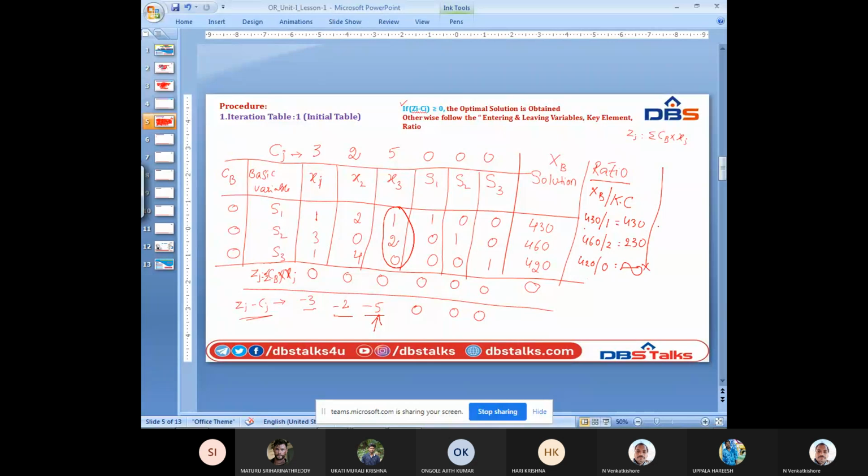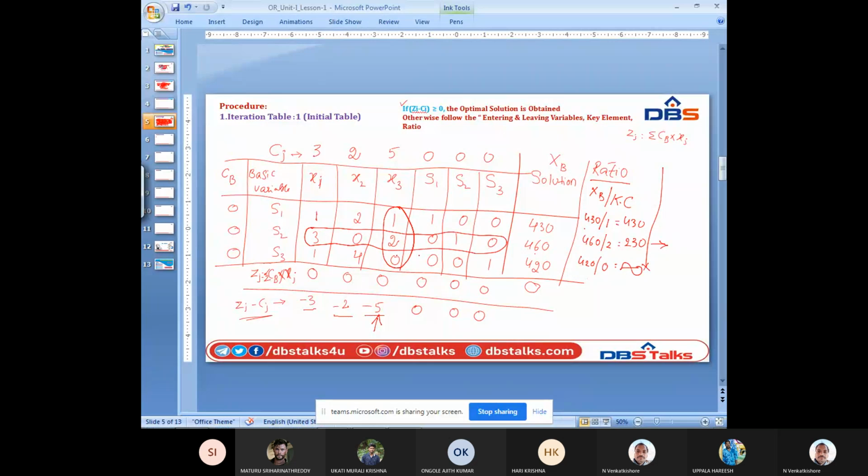Most negative means, oppositely, least positive. So we have to write it as least positive. Based on the problem, this is the leaving row, and like that we have to mark the particular row.